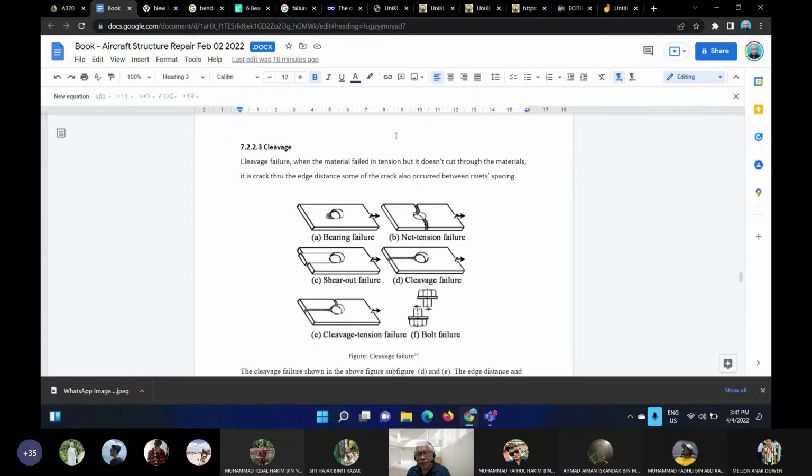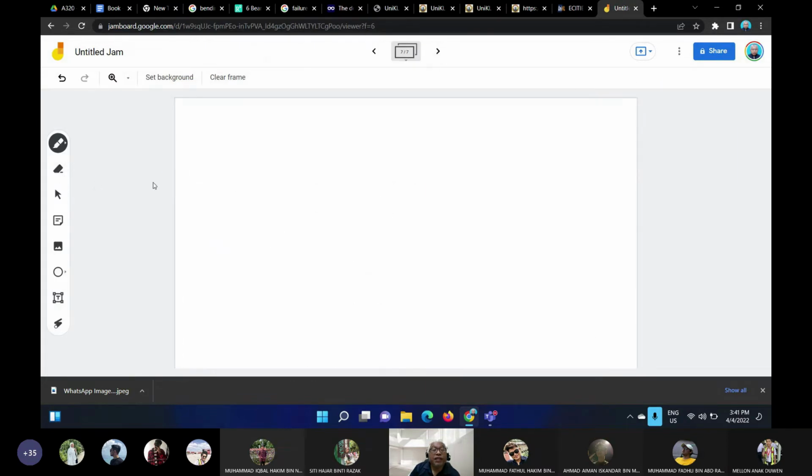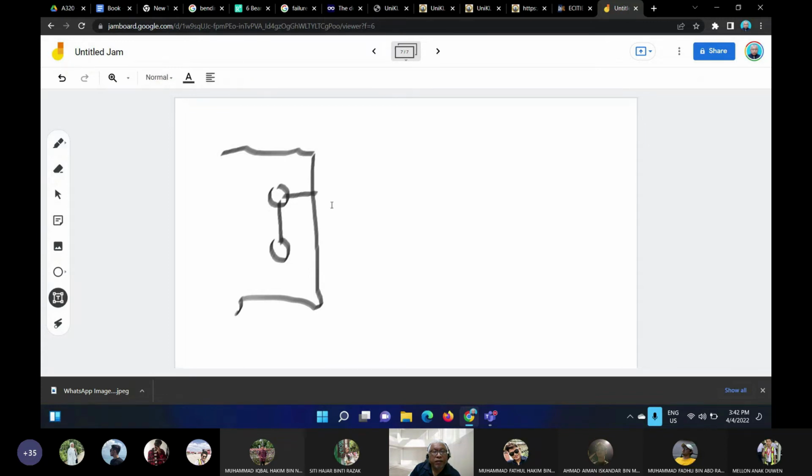For cleavage, it fails due to tension, so we use the ultimate tensile strength for the analysis. Cleavage is when you have a fastener. Say we have two fasteners. It tends to crack through here and also crack across. So this is cleavage.